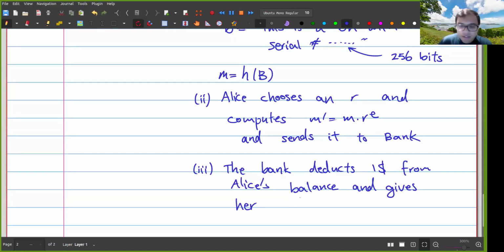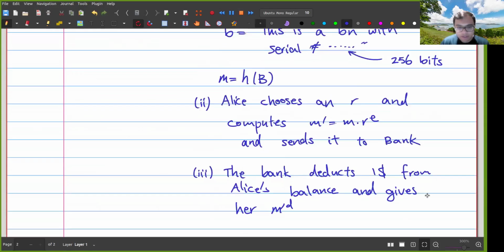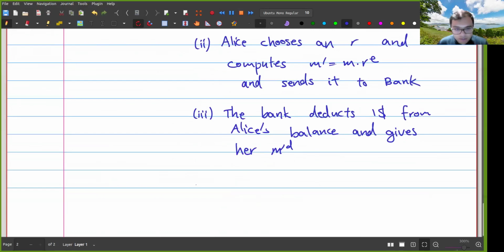Now, what is the signature? The signature is just M prime to the power of D. And now, just as we've seen before, Alice can calculate M to the power of D based on that. So this is step 4.